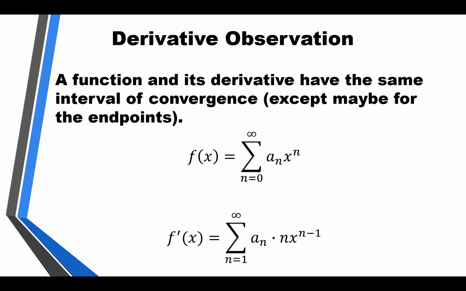We know how to take the derivatives of polynomial terms. When I take the derivative of a polynomial term, the shortcut rule says take the n out front and multiply by the coefficient, and then lower the exponent by 1. We can do that on infinitely many terms. N comes out front, multiplies by the coefficient, drop the exponent by 1.